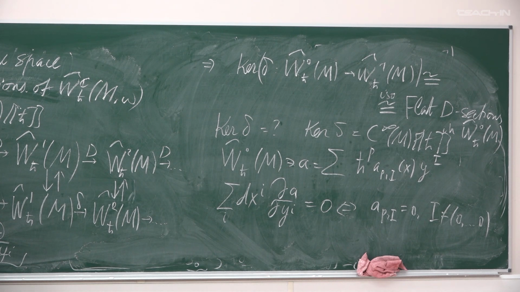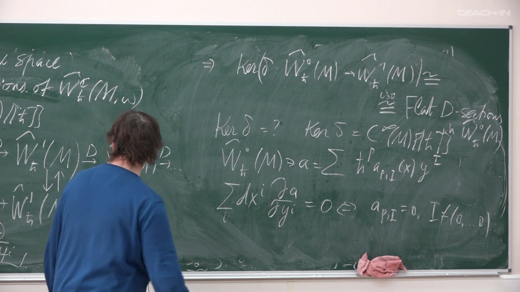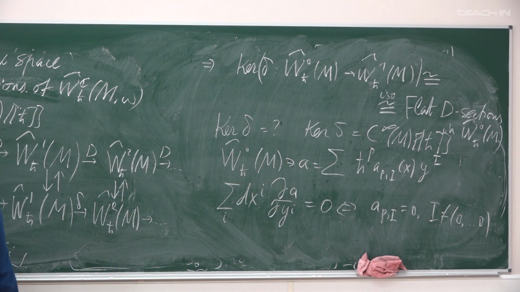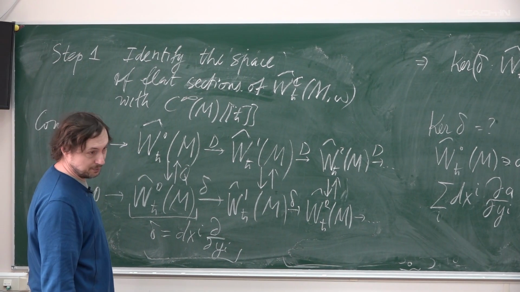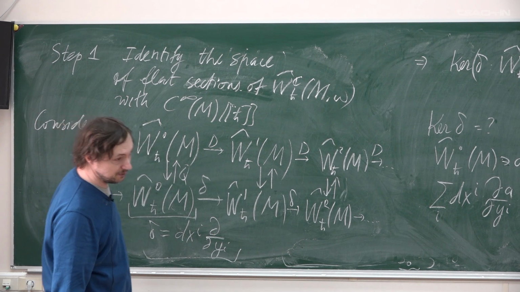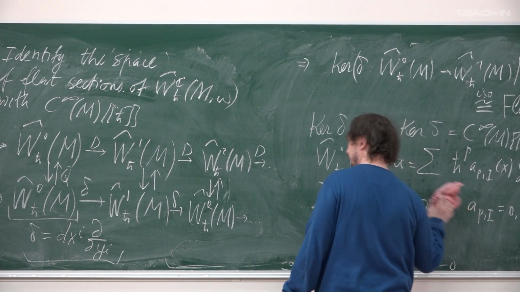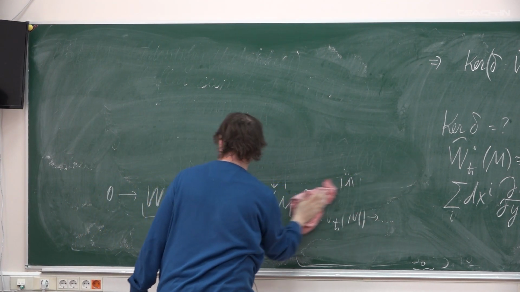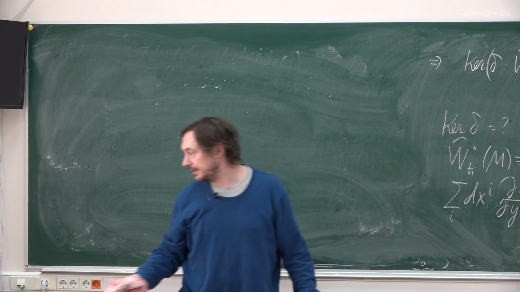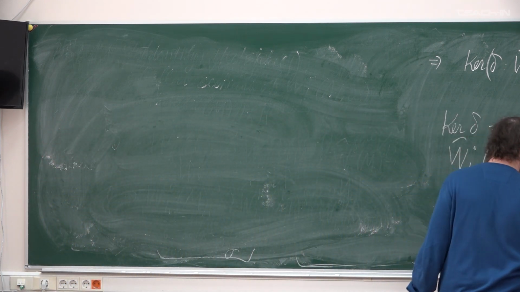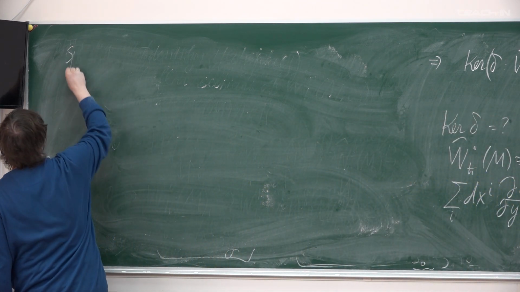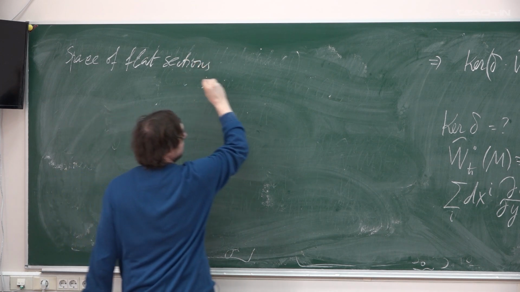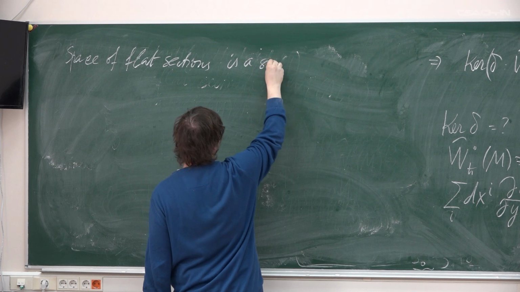And this isomorphism, which is denoted by Q, gives you the embedding of this space inside the sections of this Weil algebra bundle by flat sections with respect to D. As we have discussed last time, the space of flat sections is in fact a subalgebra inside the Weil algebra bundle, by the space of sections.